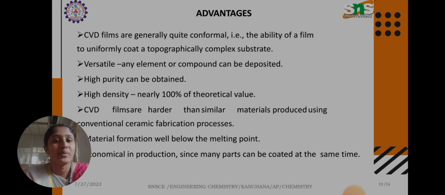Chemical vapor deposition film harder than similar materials produced using conventional ceramic fabrication process, material formation well below the melting point, economical in production since many parts can be coated at the same time.